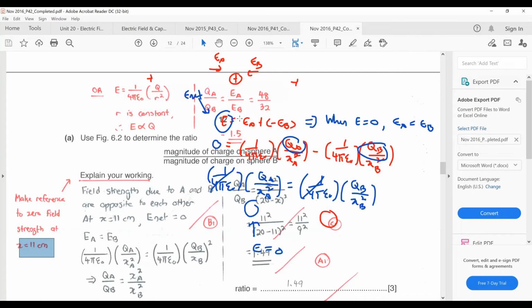So in your case, you could write this. E is EA plus negative EB. When E is 0, EA is equal to EB. Then after you can further say that E equals 0 when x equals 11 centimeters. Then you can start working at this already.